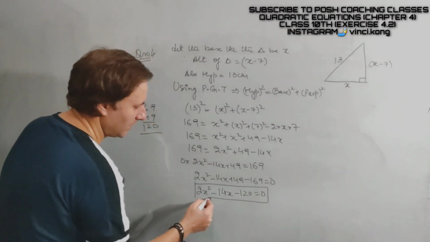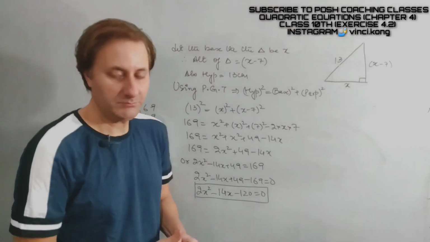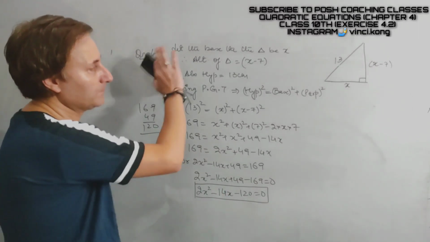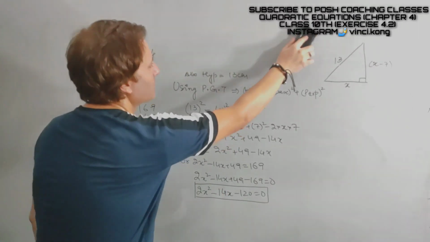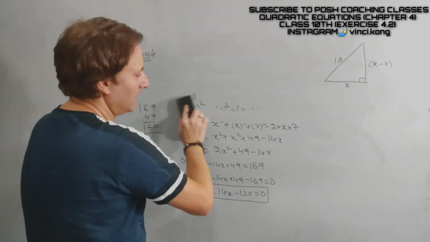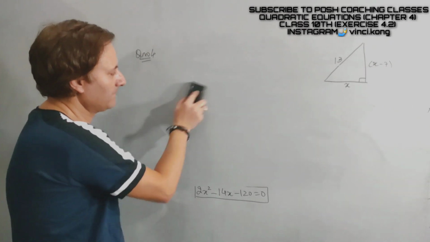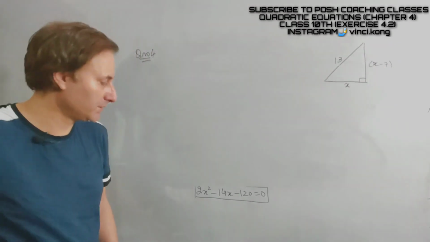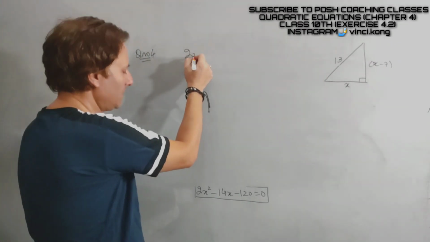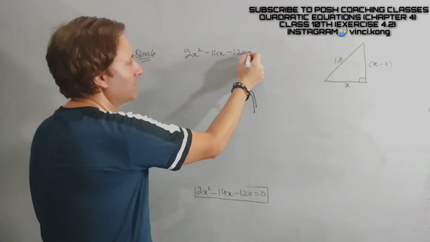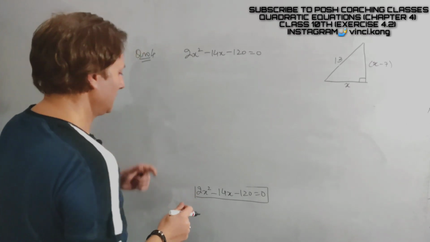So now I have an equation. This equation has to be solved. I'll just take this off and I'll take the same equation one more time. So the equation is 2x squared minus 14x minus 120 equals 0.